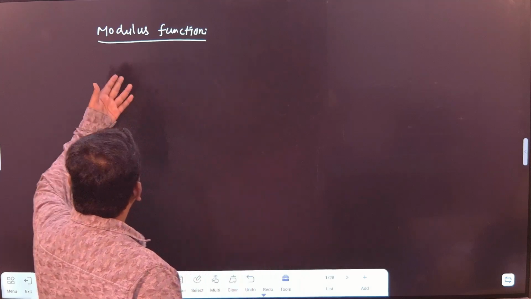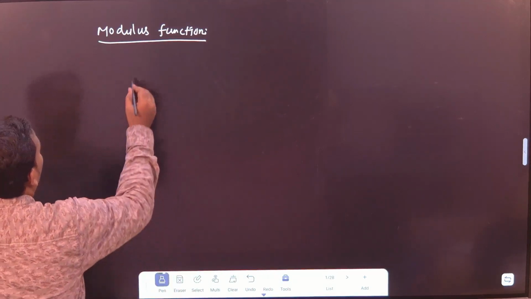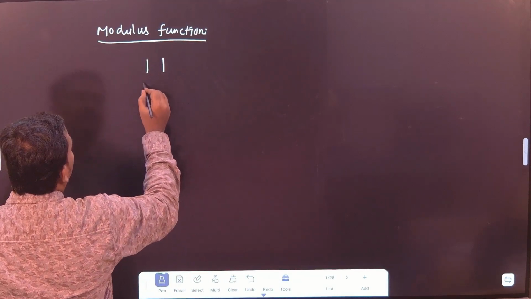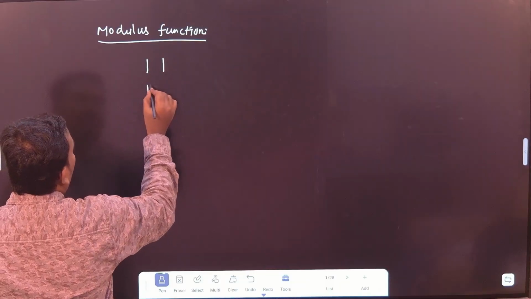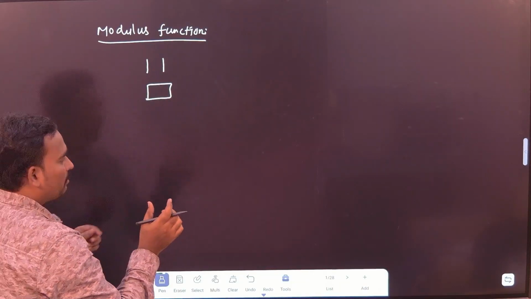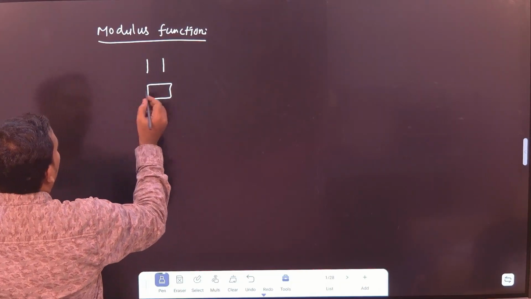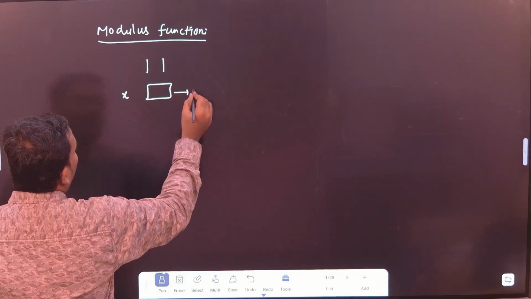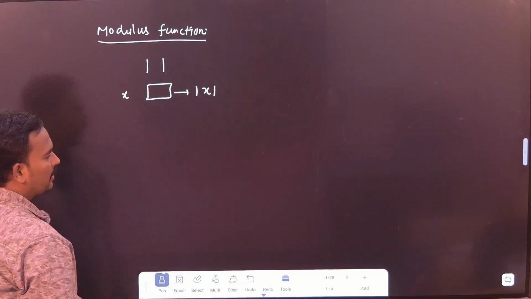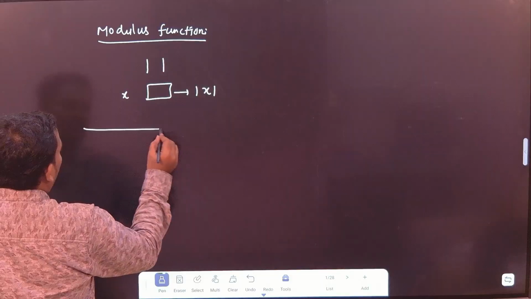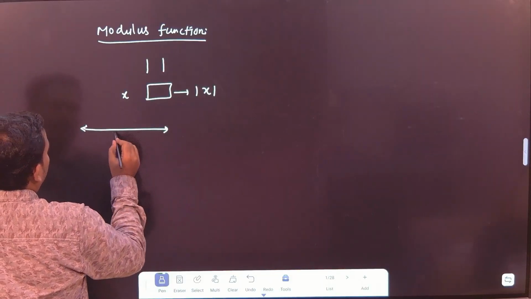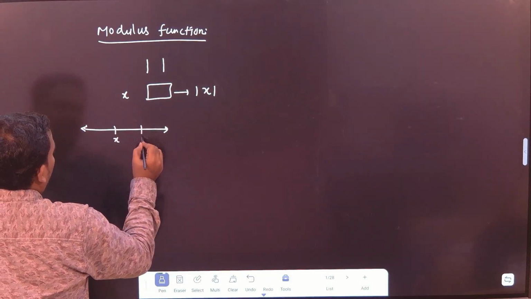Okay. So the modulus function, right? A function is actually a machine. Let's take x as the input, and the output will be mod x. What is the definition of mod x? You can see, let us take here x, here is 0.